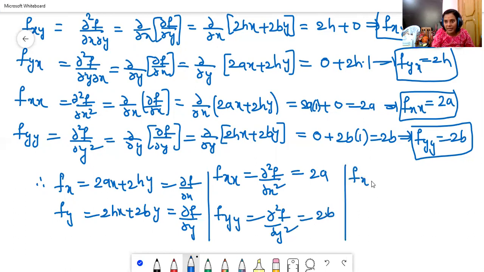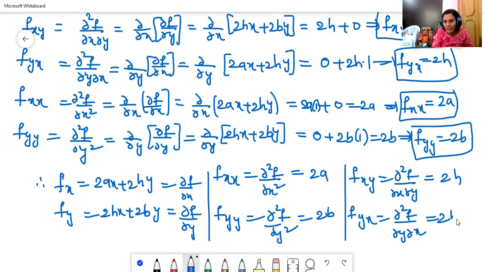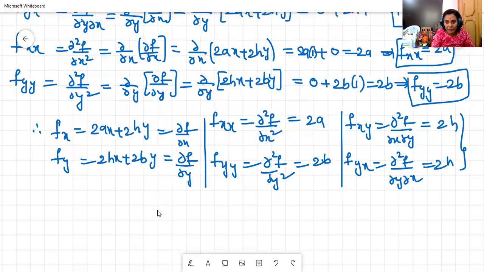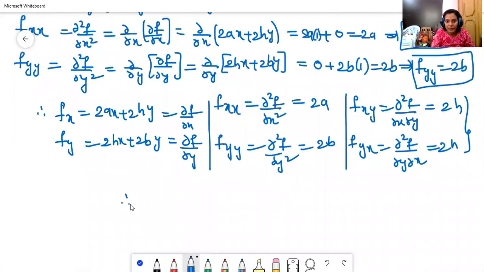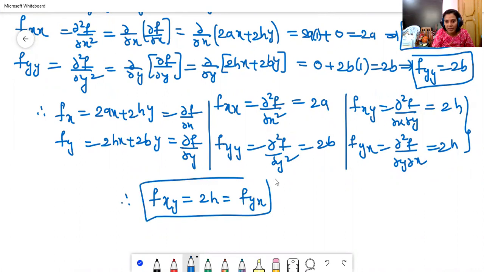Next, f_xy equals ∂²f/∂x∂y equals 2h. f_yx equals ∂²f/∂y∂x equals 2h. From the last two, we can conclude that f_xy equals 2h equals f_yx, or ∂²f/∂x∂y equals ∂²f/∂y∂x.